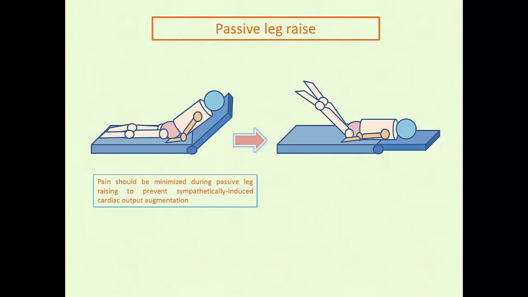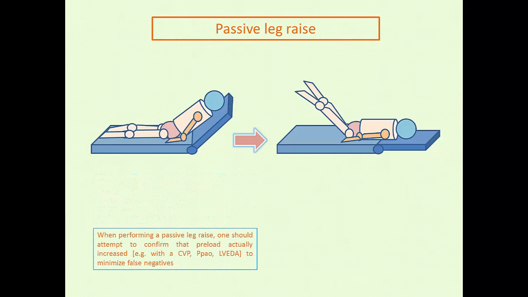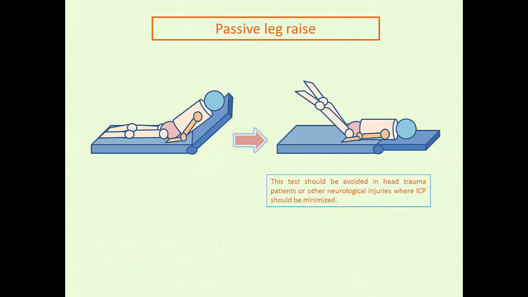And the important caveats to this test are that you need to minimize pain during passive leg raising to prevent sympathetically induced cardiac output augmentation. Compression stockings should be removed. You should attempt to confirm that preload has actually increased during the passive leg raise, for example, an increase in CVP or pulmonary artery occlusion pressure or left ventricular end diastolic area, to minimize false negatives, because if you don't recruit enough blood from the lower extremities, you may call that a negative result, but that doesn't mean that the patient is truly not volume responsive.